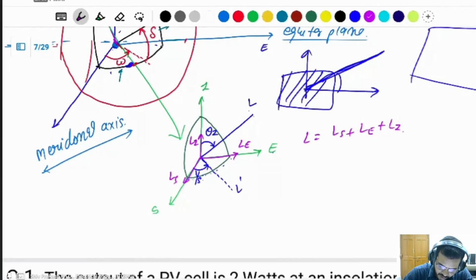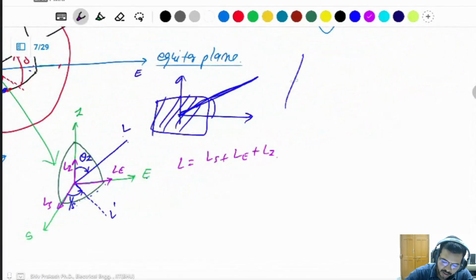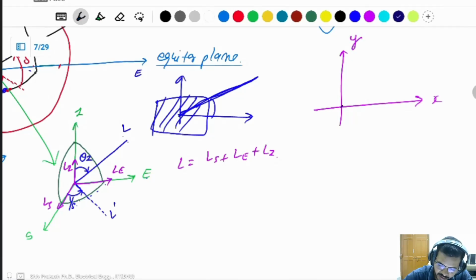Then how can we calculate the south axis plane? It will be the same thing, L dash. You know the angle of this one. Suppose a triangle like that, two axes x and y, and a vector looking like that, a q vector, and this angle will be theta.